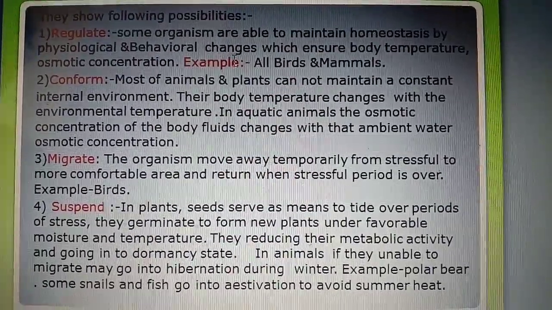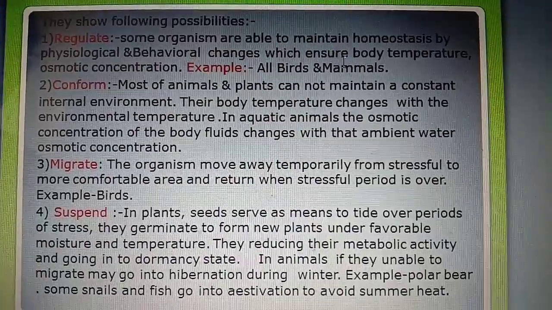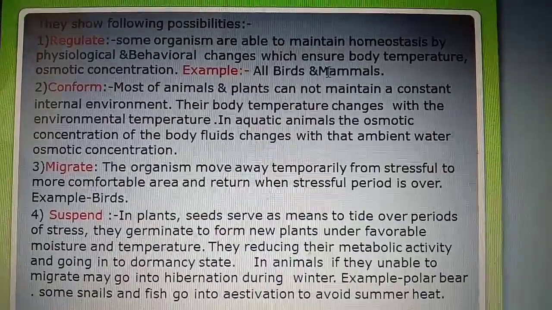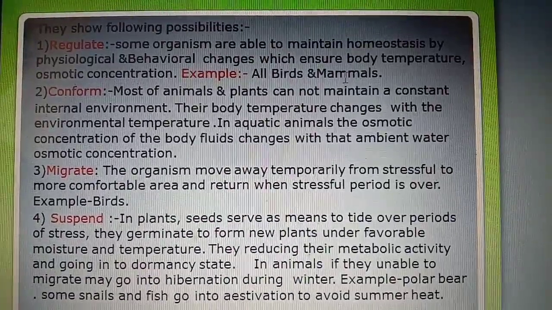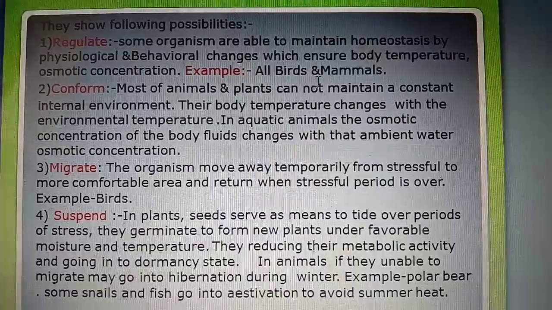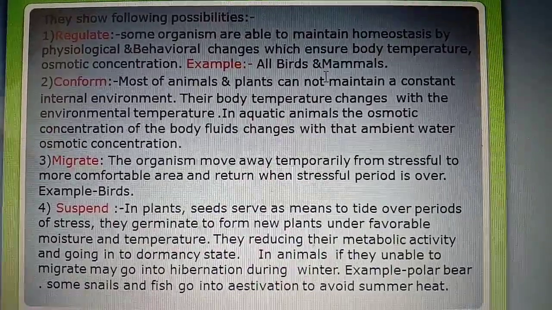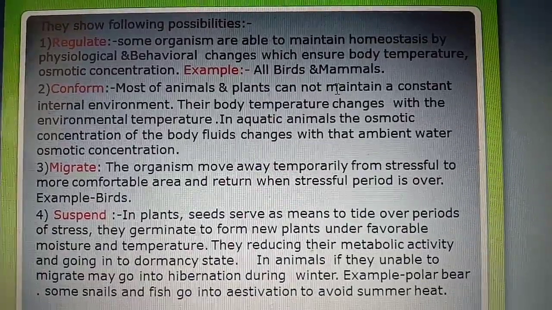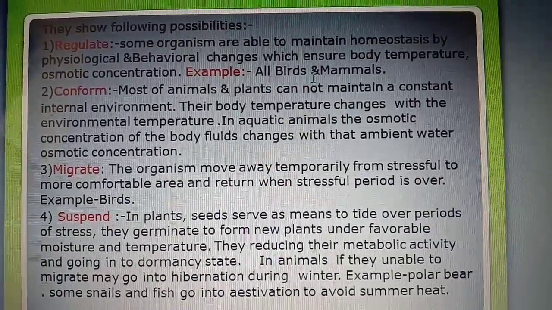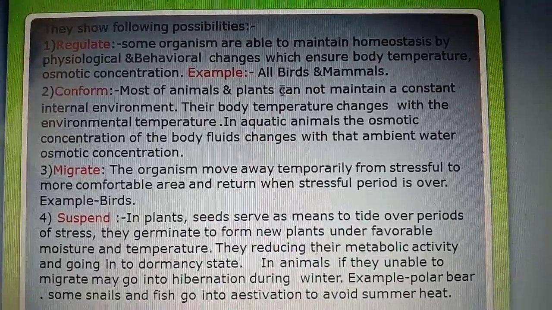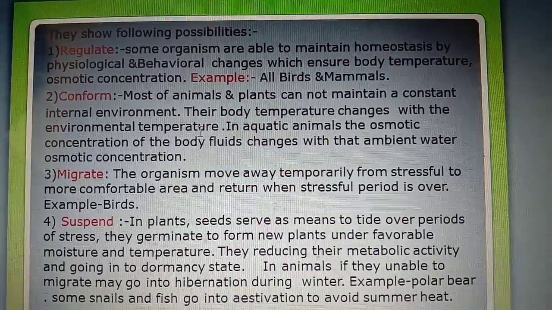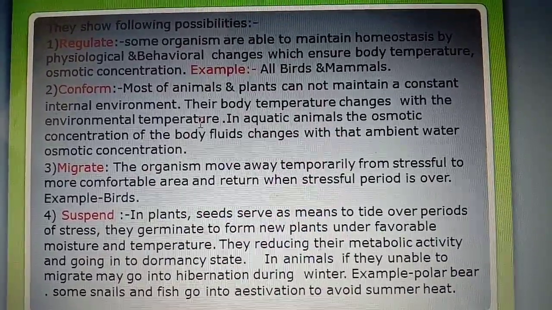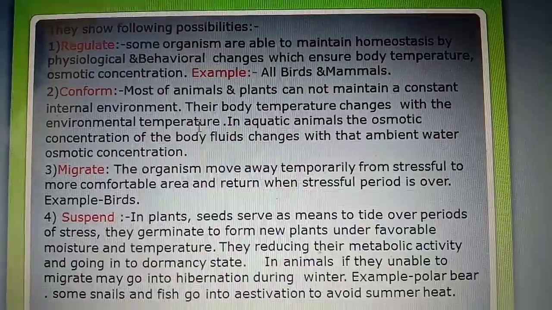Some organisms are able to maintain homeostasis by physiological and behavioral changes which ensure constant body temperature and osmotic concentration. For example, all birds and mammals are included in this type. These animals regulate the body temperature as well as the osmotic concentration of the body.